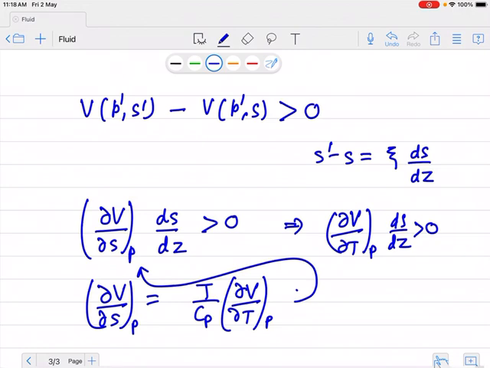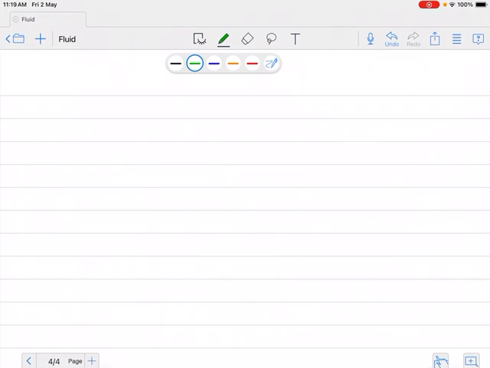So the condition in which convection is absent should be this: entropy must increase with height. If entropy is increasing with height, convection is not there. So for convection, entropy should not increase with height. From this we easily find the condition that must be satisfied by the temperature gradient dT over dz.